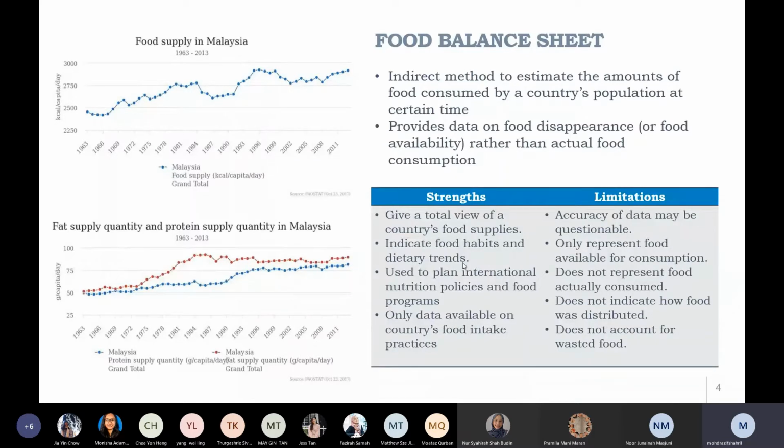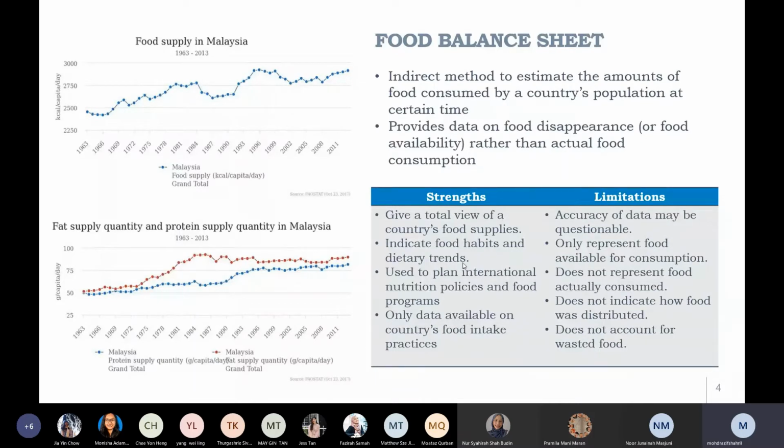They have a food balance sheet for countries and also for worldwide, and also, I think, for regions. Okay, so food balance is an indirect method to estimate the amounts of food consumed by a country's population at a certain time. If you can see this example here, it is between 1963 to 2013.